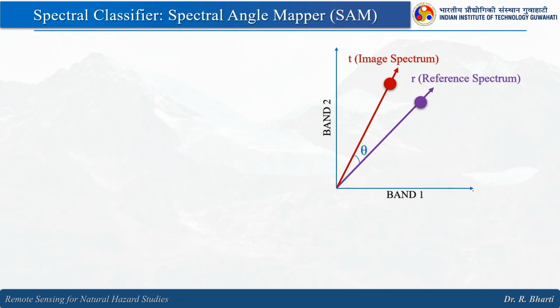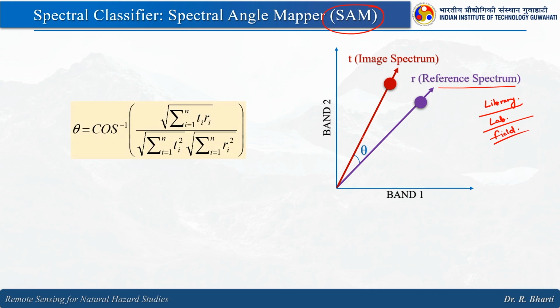Here this particular plot is meant to explain this SAM. Here this R is the reference spectra, it is from, let us say, the library or from lab measurement or from field measurement, right, that we wanted to use as our training data for this SAM classifier, right. Now, when we are using this, we try to find this theta.